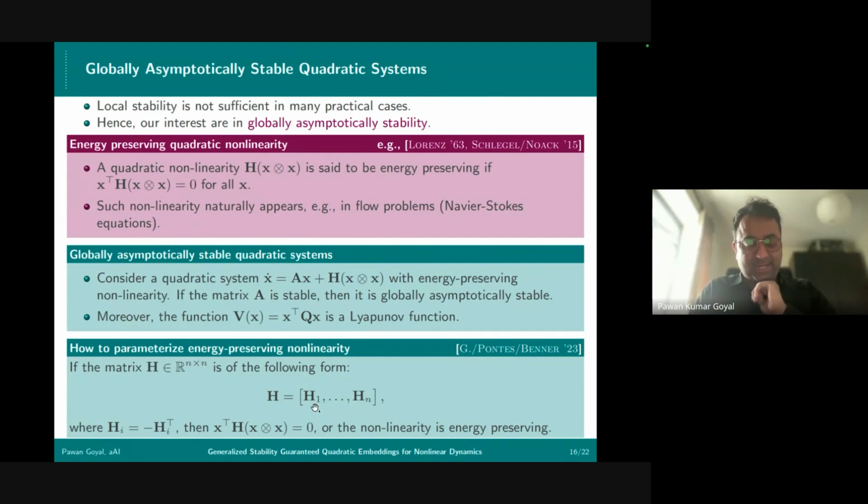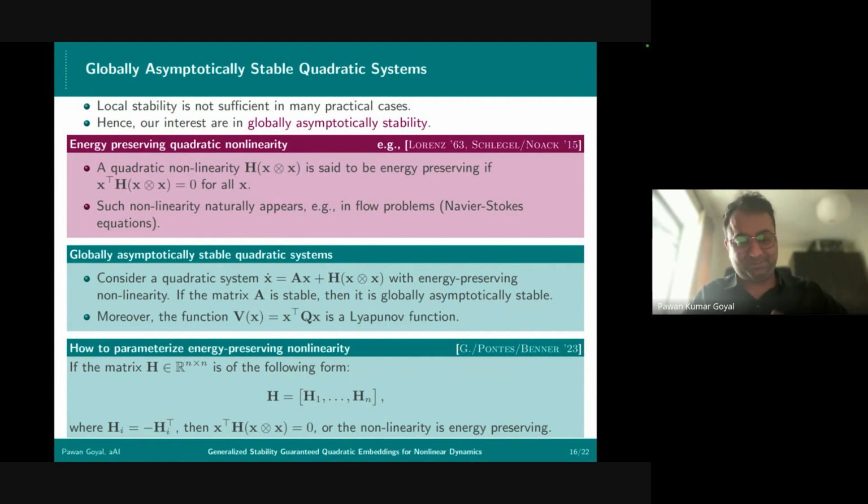So they are matrices H1 to Hn, where each of H1 to Hn is a skew symmetric matrix. And if these are skew symmetric matrices, then we can easily see that it will follow these properties. What we have proved in this paper is that this condition is if and only if. So every matrix of this form can be written in this skew symmetric form. It's not a special case, but an if and only if condition here. So this goes both ways.